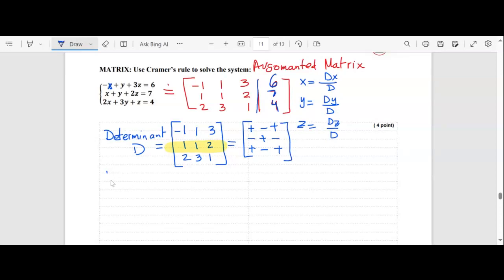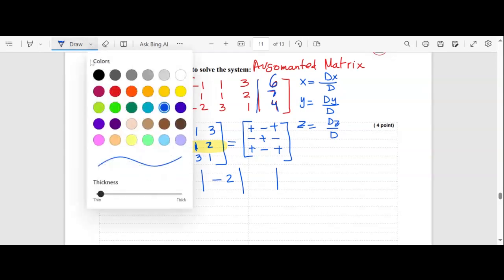So I'm going to take the one in the middle here, which is 1, 1, 2. What are the signs for? Minus 1. So it's going to be minus 1. And then plus 1. And minus 2. Now I'm going to take the values from inside.